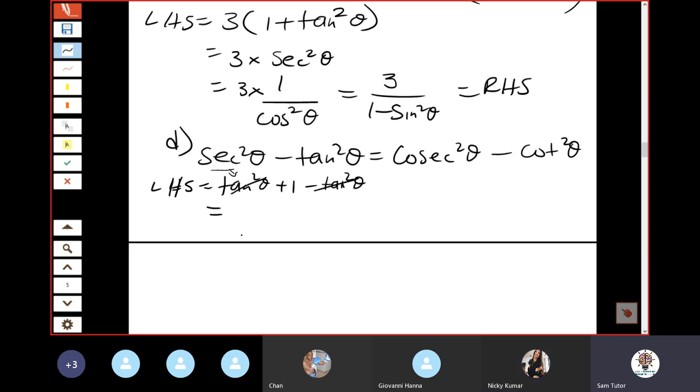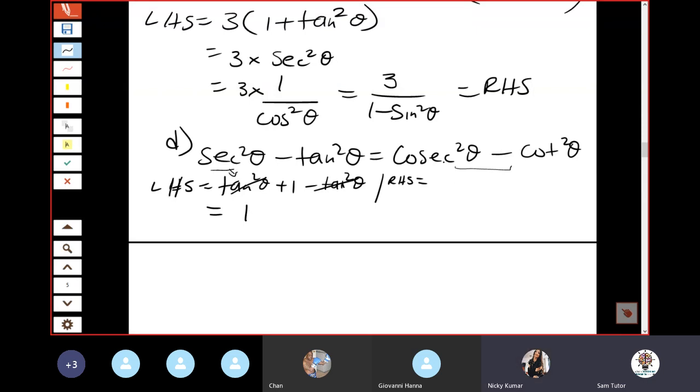So what are you left with on your left-hand side? 1. Now, that's great, but that's not the right-hand side. So for this technique, we're also going to work on our right-hand side. And what are we hoping that it becomes? Cosec squared theta minus cot squared theta. Yeah, but we want the right-hand side to equal the left-hand side. So we want it to become what number? We want it to become 1.